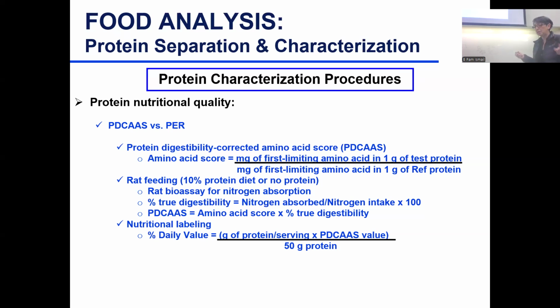Let's say in cereal, in wheat, what's the first limiting amino acid? No, Emma, you know this. I'm sure you know this. If I say lysine, would it ring a bell?